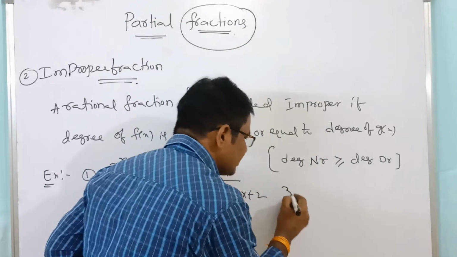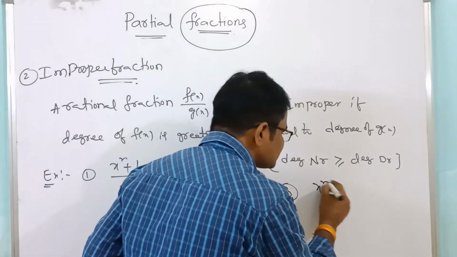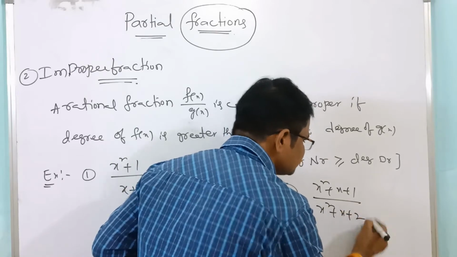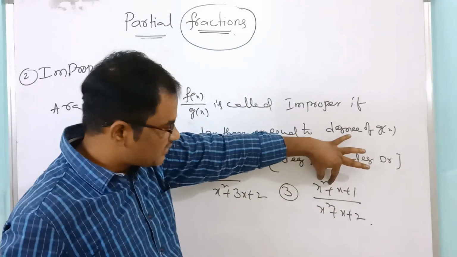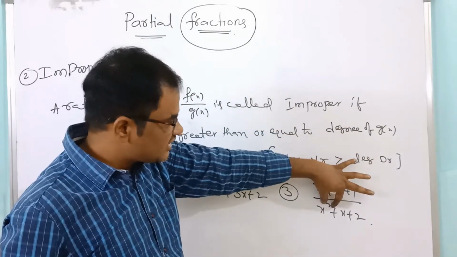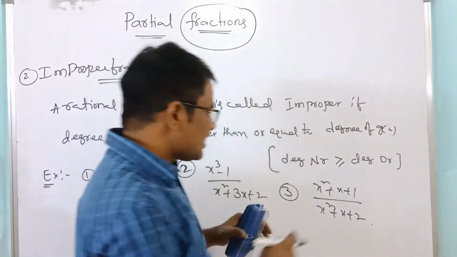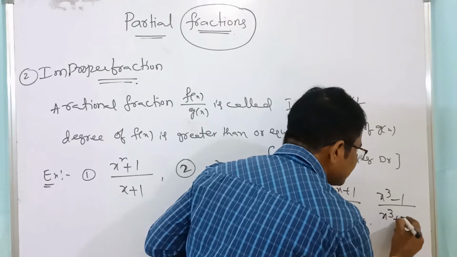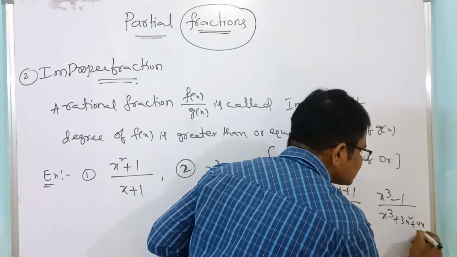Suppose one more example, x square plus x plus 1 by x square plus x plus 2. Here degree of numerator is 2 and degree of denominator is 2, equal. Otherwise x cube minus 1 by x cube plus 3x square plus 4x plus 5.